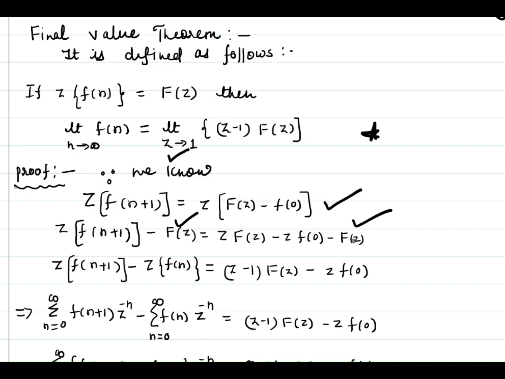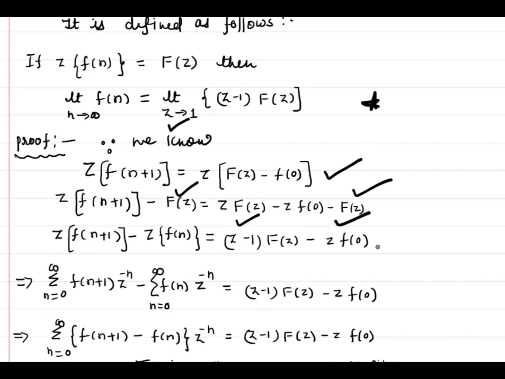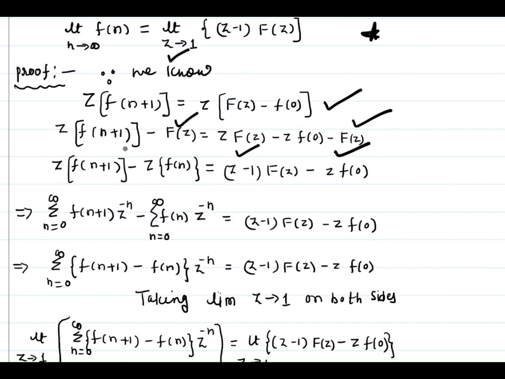So we are substituting the same here. We are just opening this and taking common here, we can write this and this together to get (z minus 1) F(z) minus z f(0), and here this we are writing instead of F(z), which is Z{f(n)}.